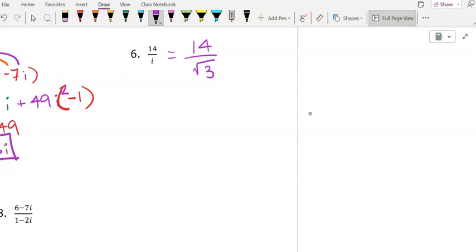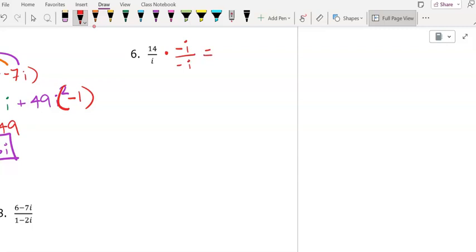You can't have a square root in the denominator. Well, I can't have an i in the denominator because that's the same thing as having a square root. So instead, we have to go ahead and multiply it out and get rid of it. So what I'm going to do is I'm going to multiply by the conjugate of it, which is just changing this to a negative i to both the top and the bottom.